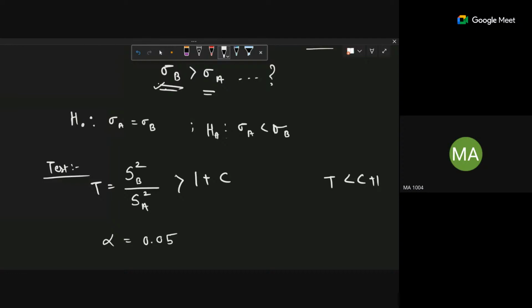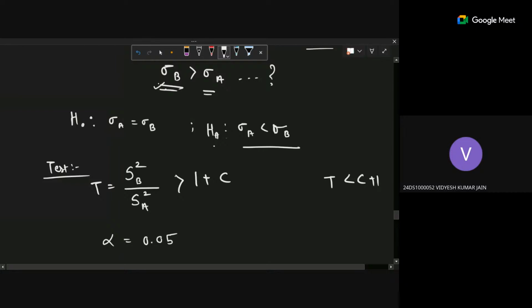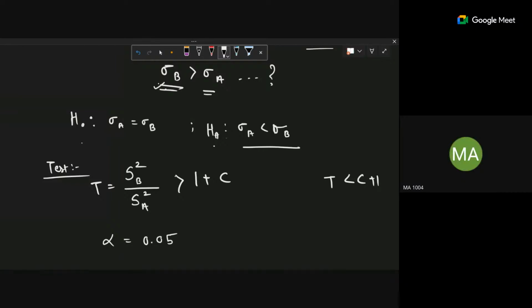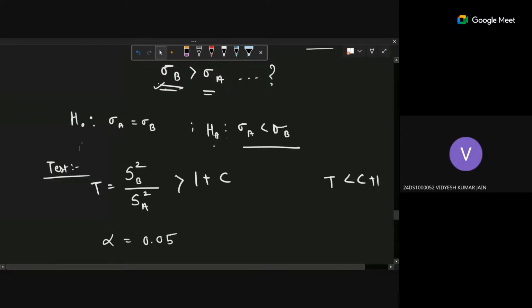We took the alternative hypothesis as variance of B greater than variance of A. The null was that they are equal. So since it is not greater, the null hypothesis is accepted.